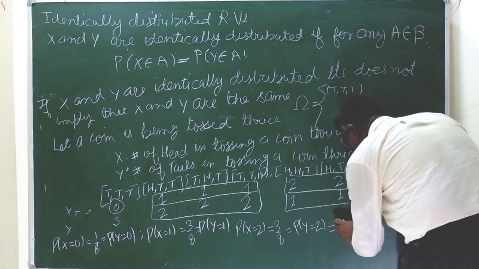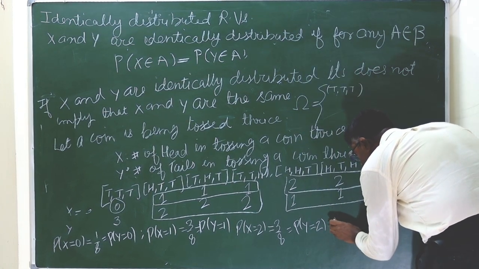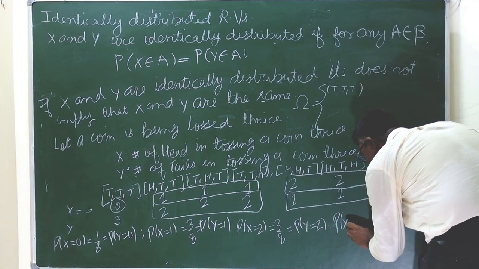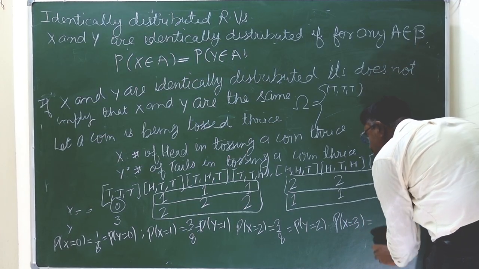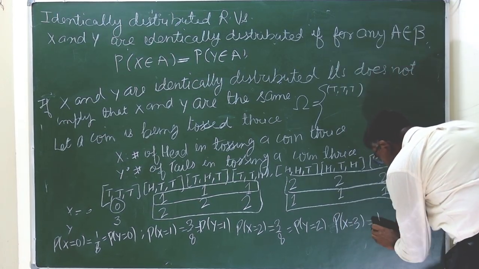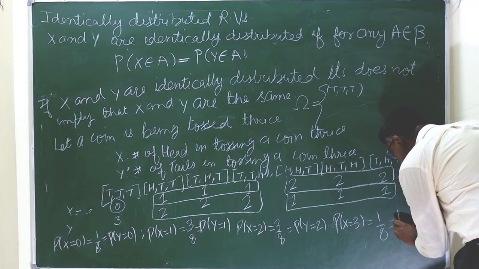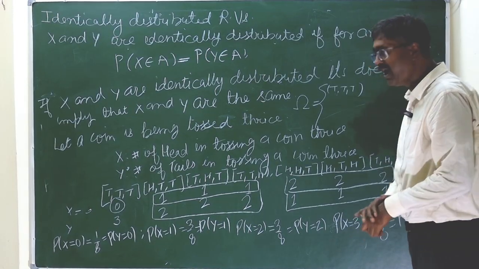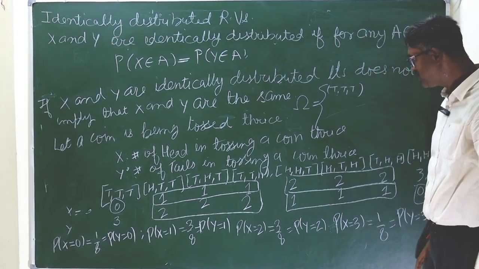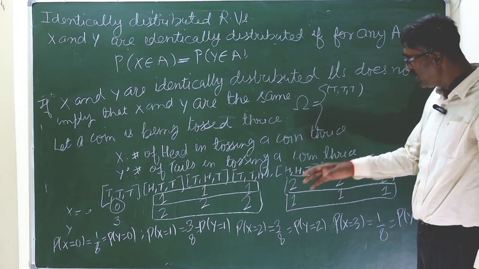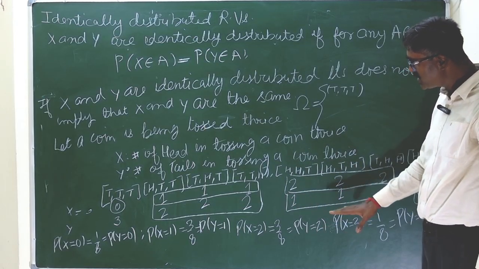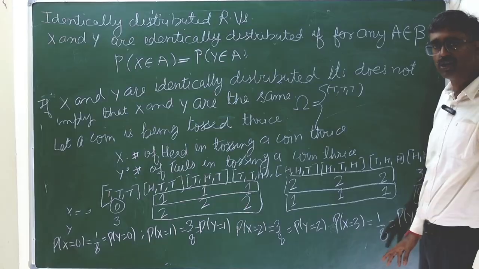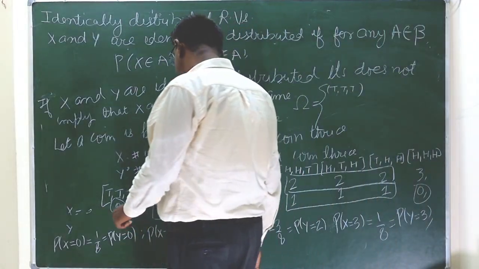And moreover, the probability of x is equal to 3 is 1 by 8, which is exactly the probability of y is equal to 3. So this way we have shown that all the points have different probabilities, but x and y are identically distributed.